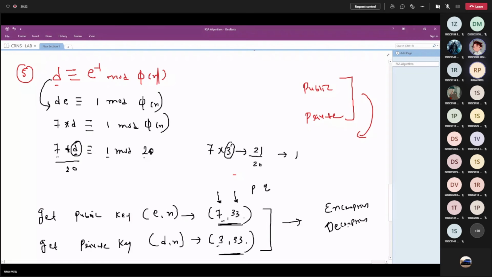Ma'am, the attacker would be knowing the public key, that is e and n. Public key is known to everyone. Let's say you are a receiver and I am the sender of the message. How am I going to encrypt the message? With your public key.